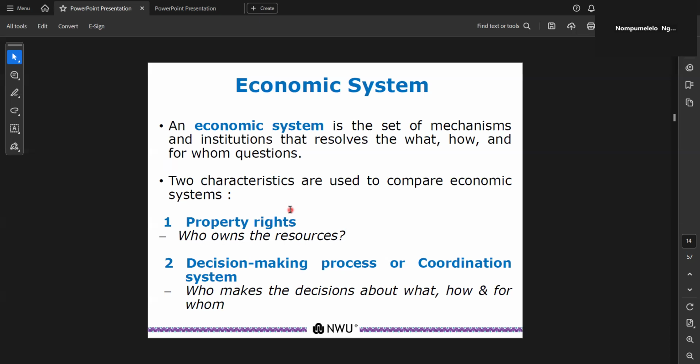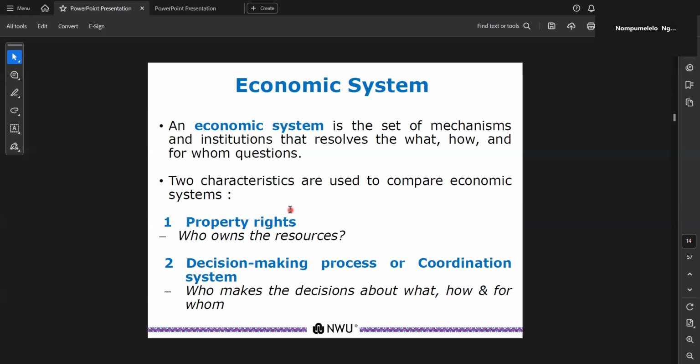When I explain each economic system, you will realize that in a traditional economic system, the people who own the resources are individuals. With the command system, it's the government. With the free market system, it's the individual as well, owned by the private sector, which means individuals.